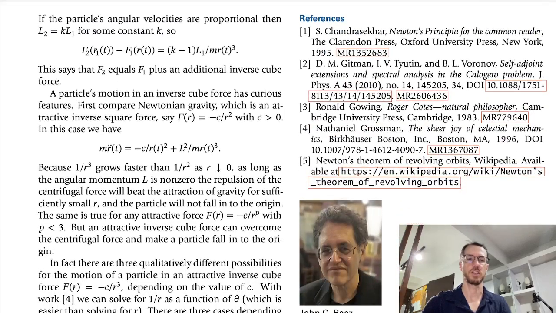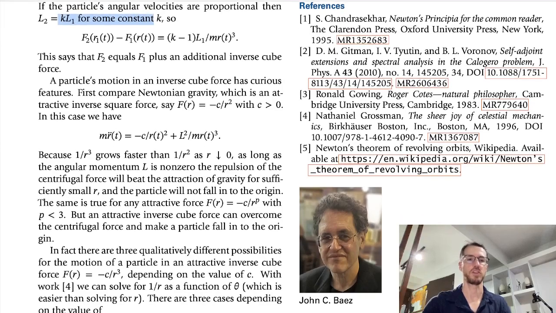If the particles' angular velocities are proportional, then L2 equals k L1 for some constant k. So F2(r(t)) - F1(r(t)) = (k^2 - 1) L1^2/(m r(t)^3). This says that F2 equals F1 plus an additional inverse cube force.